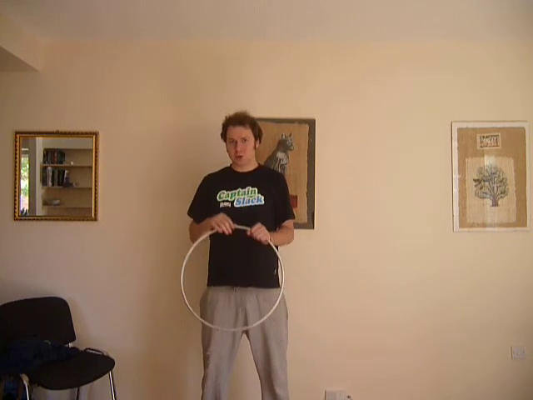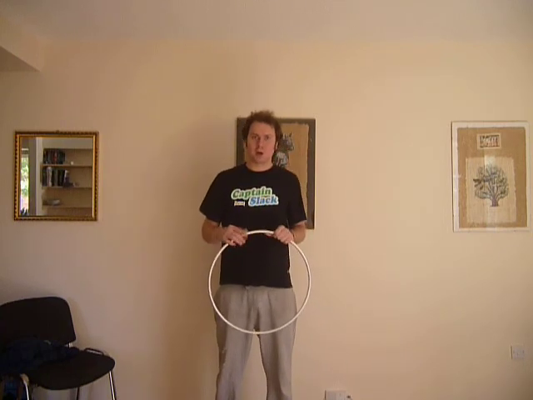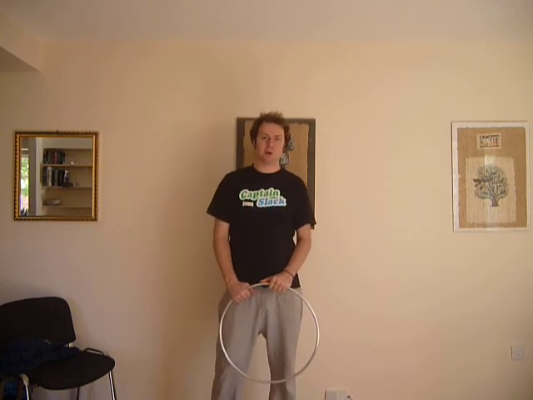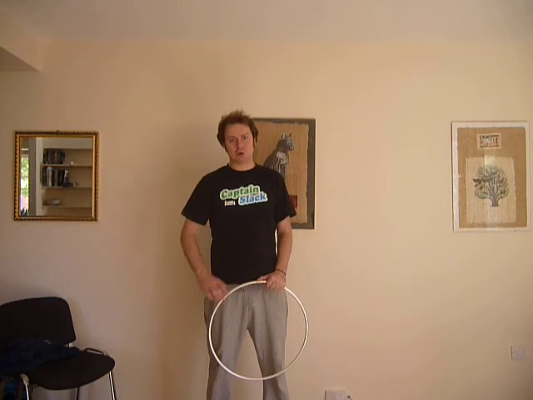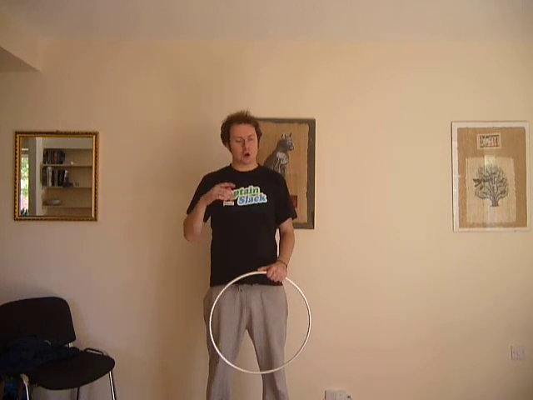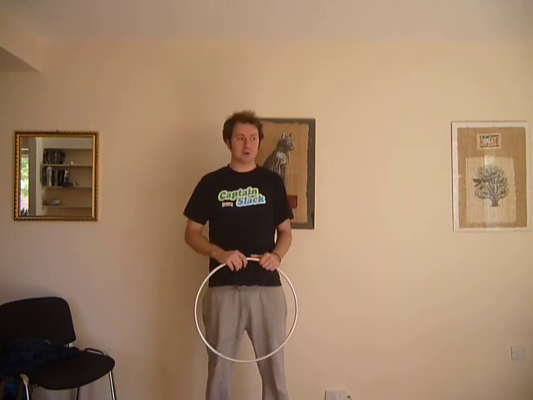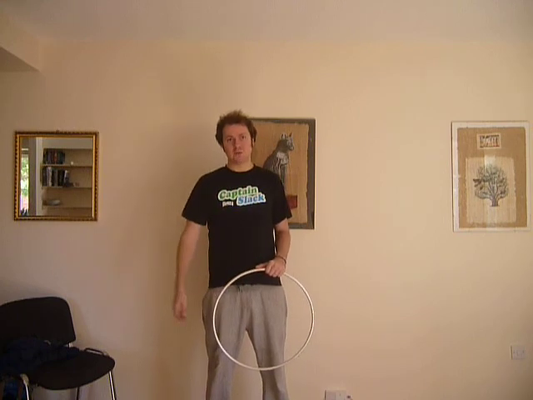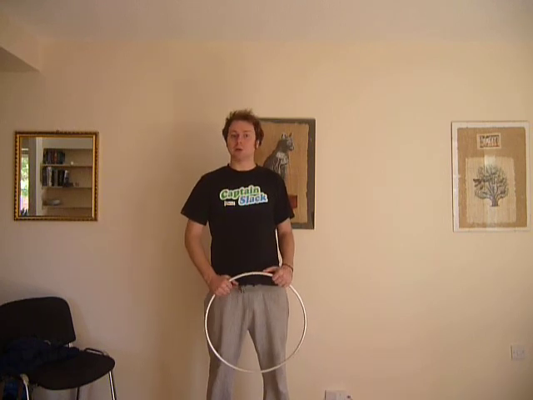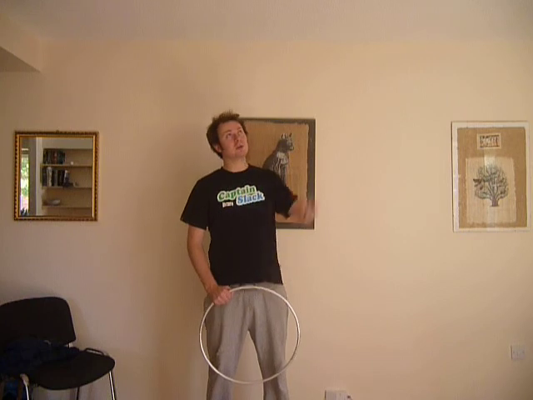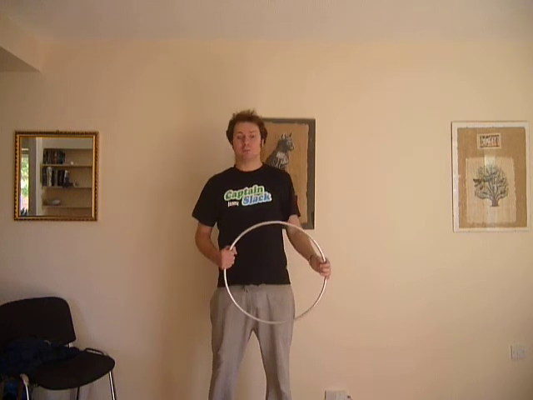Now I'm just going to talk a little bit about throwing theory, and this applies to any object that you want to throw in the air. If you want the object to spin lots but not go very far, it's all in the wrist. If you want it to go really high in the air but not spin a huge amount, then it's all in the arms.